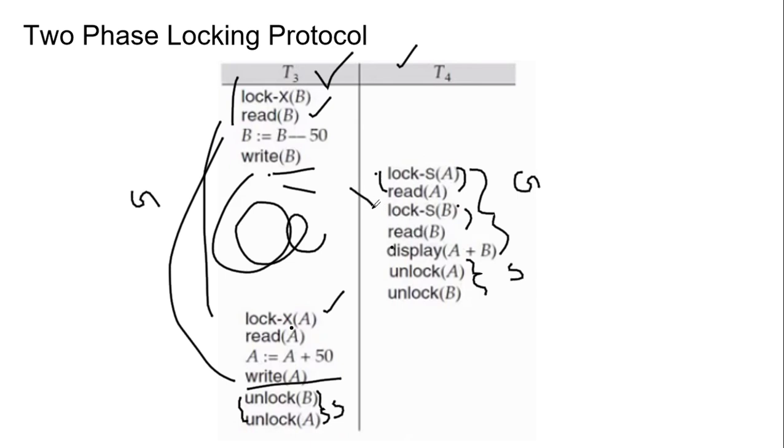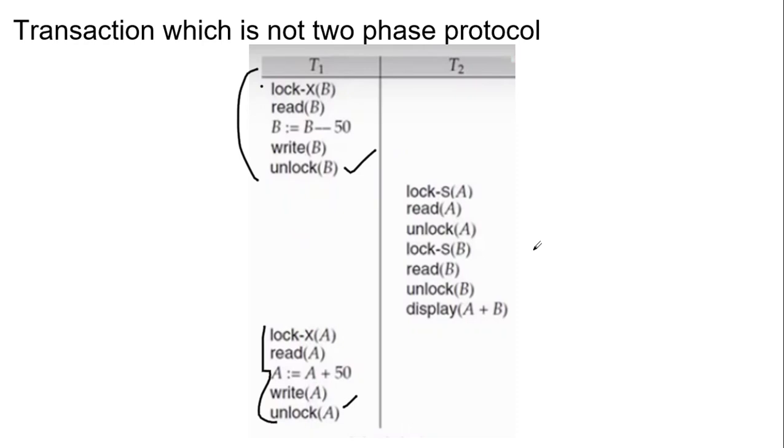So 2PL is basically problematic, because in this period B is getting manipulated, but at the same time T4 is trying to access the data, which should not happen. In the next video, we will be discussing the problems which arise in the 2PL protocol.